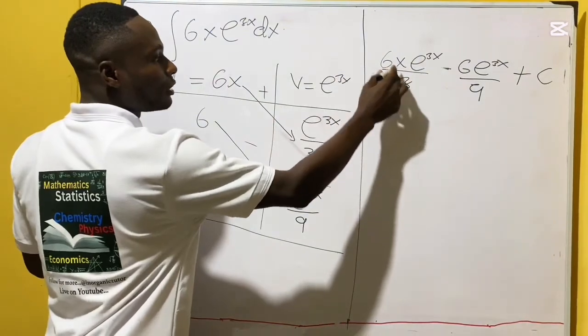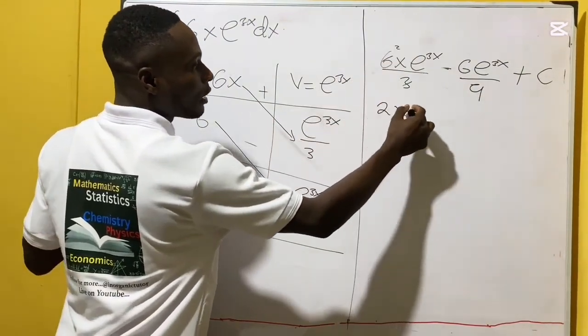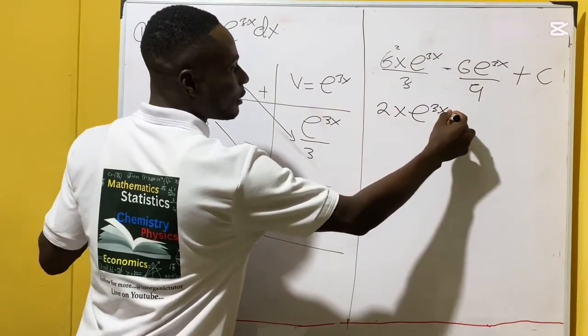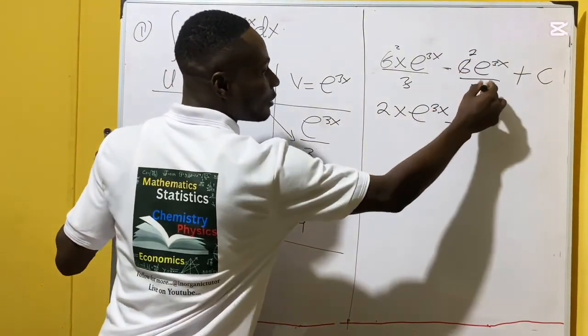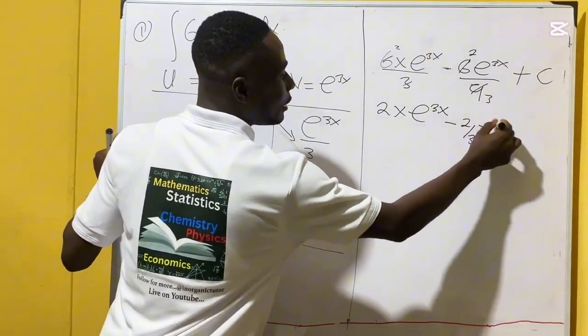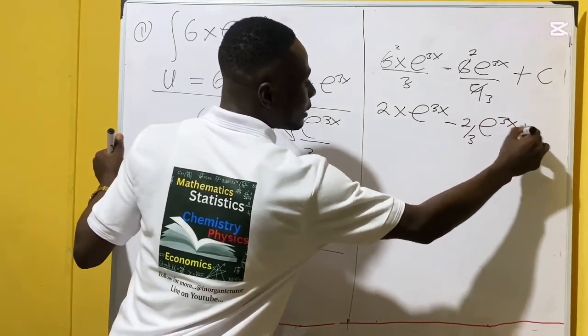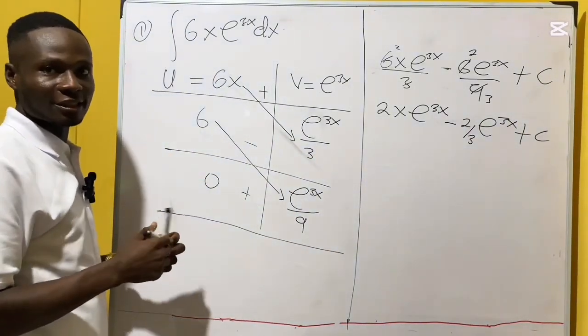We know that this will take off this 2 times, right? So we have 2x e power 3x minus 2 on 3 e power 3x plus a constant of integration, right? You see how fast this is.